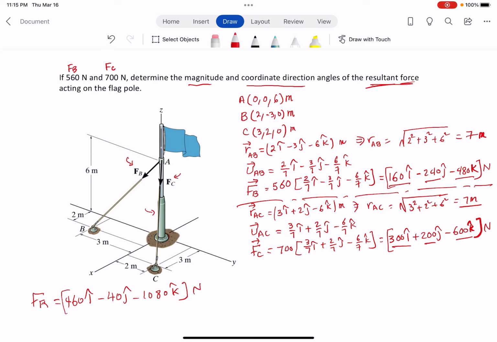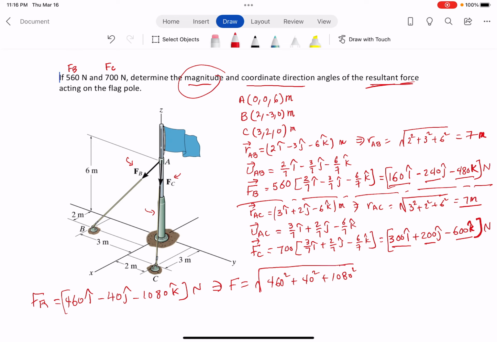So now let's find the magnitude, because you want the magnitude. If in the exam he asks you for the resultant force in Cartesian format, that's it, ijk. The magnitude is the square root of 460 squared plus 40 squared plus 1080 squared.